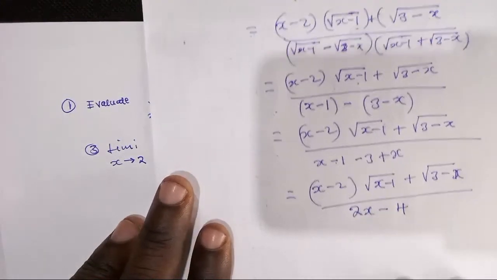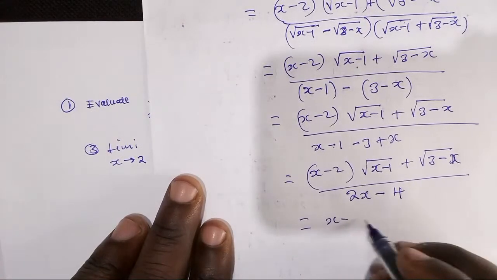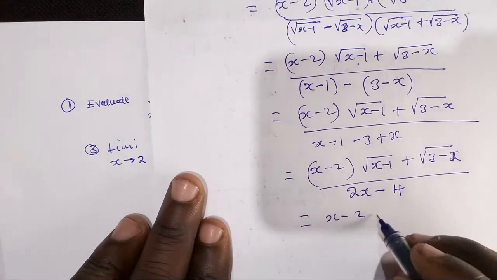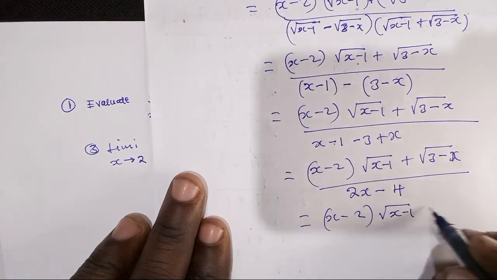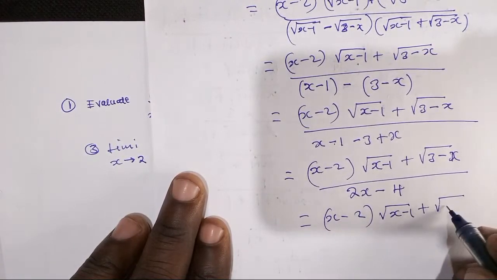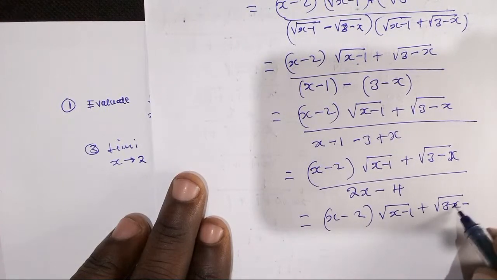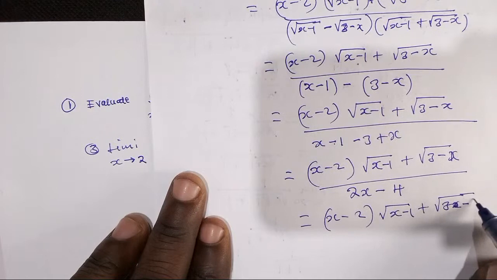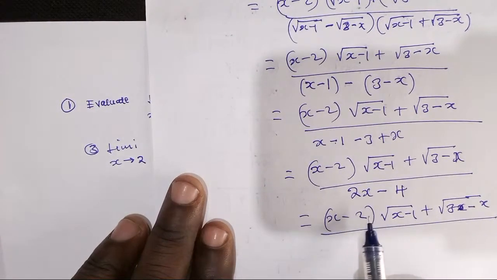Then here it will be x minus 2 in the bracket, then root x minus 1 plus root 3 minus x, right? Then over here we are going to factor out what is common.